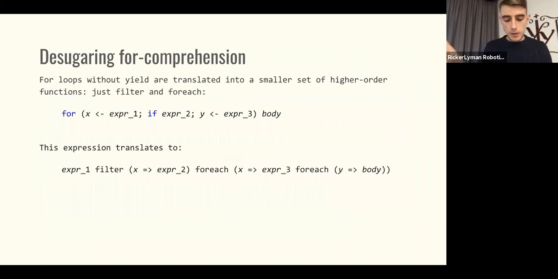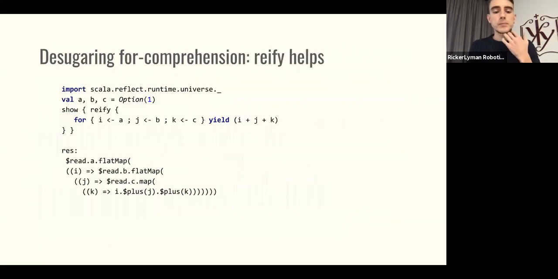Yes, and if we omit the yield keyword, then this will translate into a foreach call, because foreach just doesn't return anything. We just apply some function. Yeah, and there is a method in the Scala library which can produce the translation output of a for comprehension into the series of these function calls.